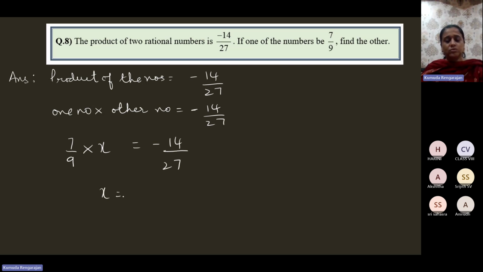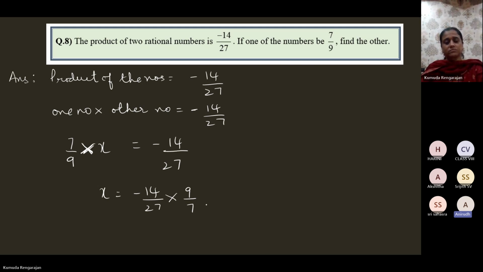So x is equal to minus 14 by 27. 7 by 9, when you transpose, it becomes 9 by 7 on the other side. When you transpose a fraction which is in multiplication, it goes for division to the other side, or in other words, it becomes its reciprocal, into 9 by 7.